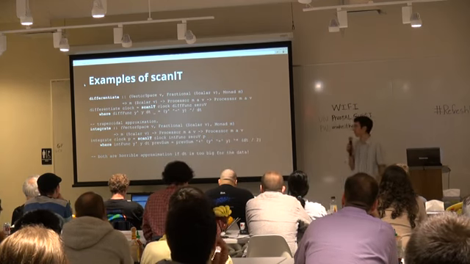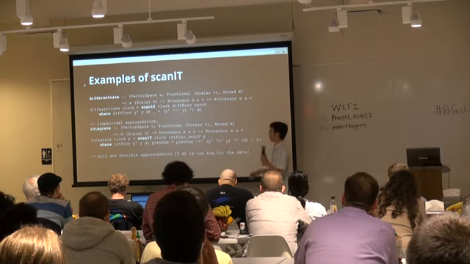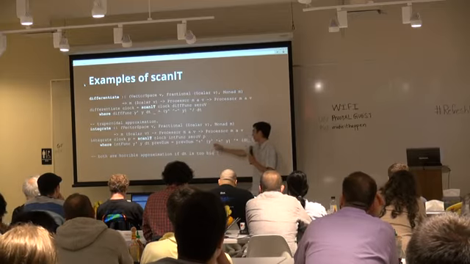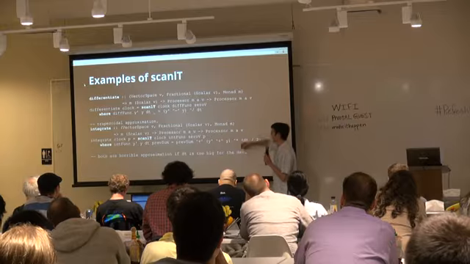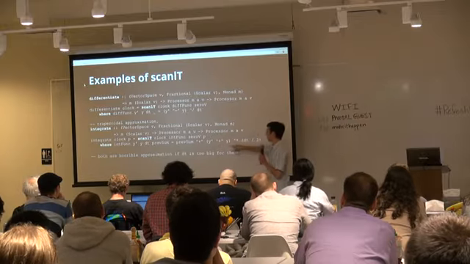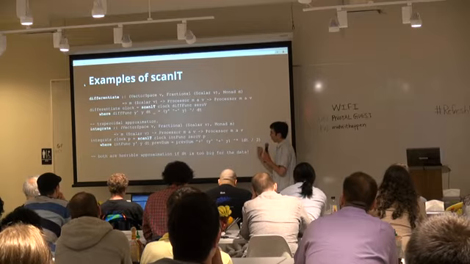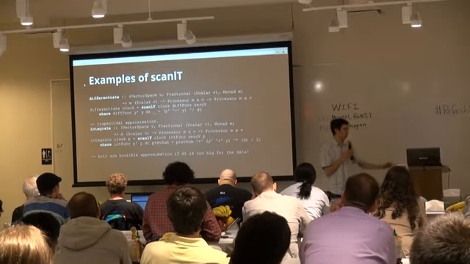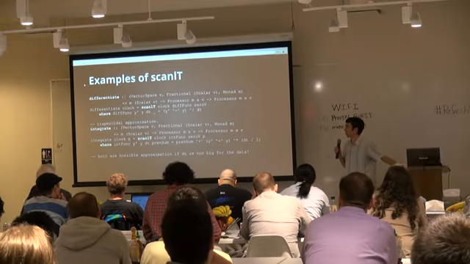And integration is really the same. We take the previous output and add to it the area of a rectangle, or a trapezoid in this case, that depends on the two current outputs. I don't know if it's really important to go into that, but it just gives an example of how this function can be used.